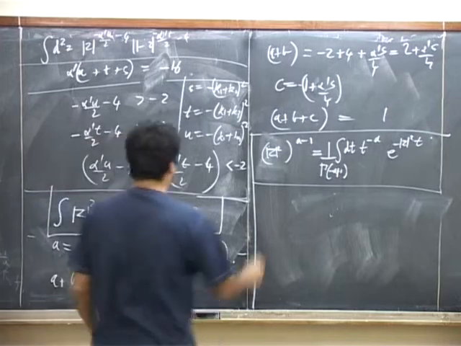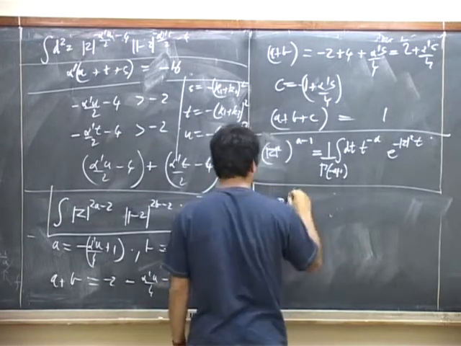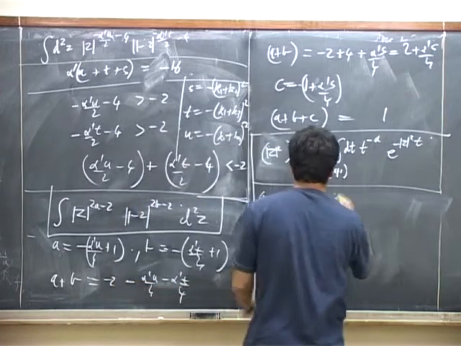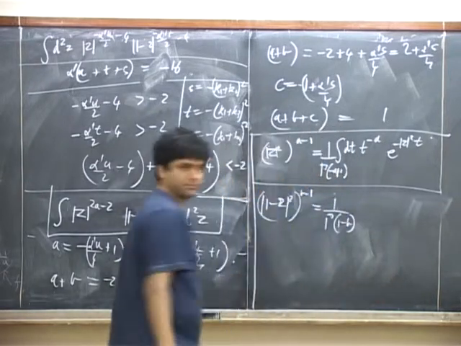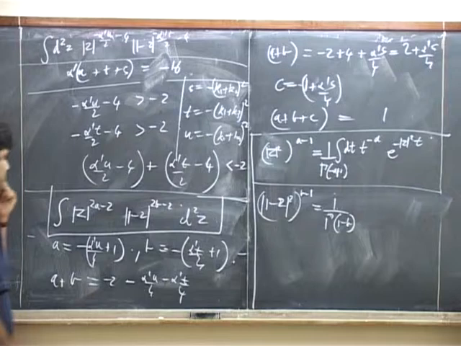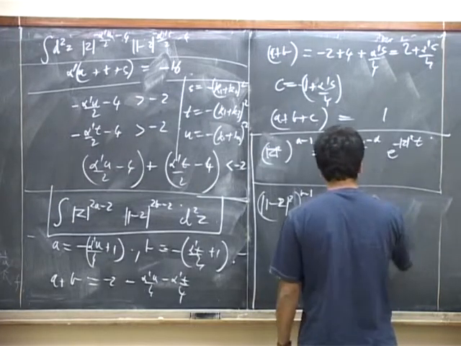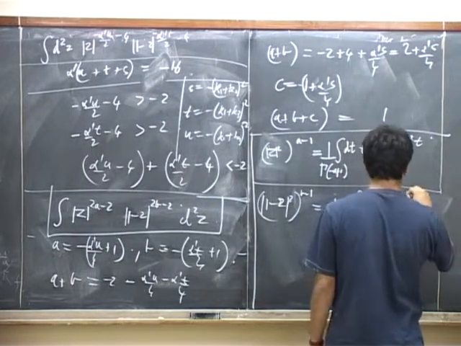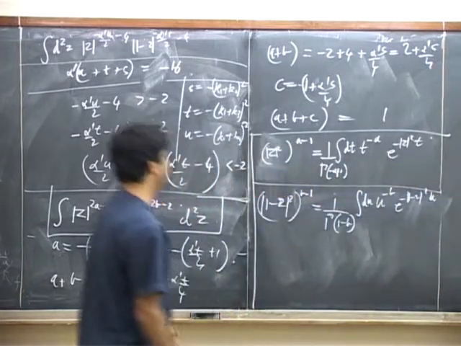So similarly, we put in mod 1 minus z mod squared to the power b minus 1, the other quantity we have here, is 1 over gamma of 1 minus b times the integral du u to the power minus b e to the power minus mod 1 minus z mod squared times u.